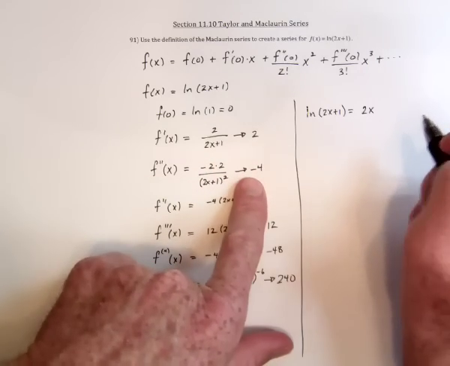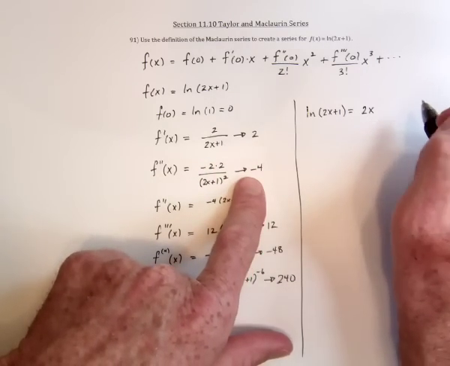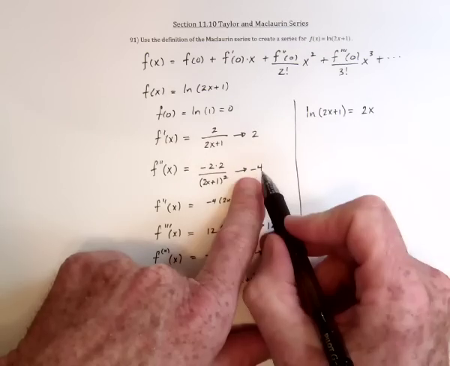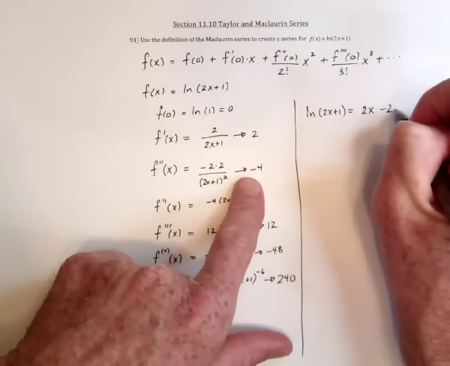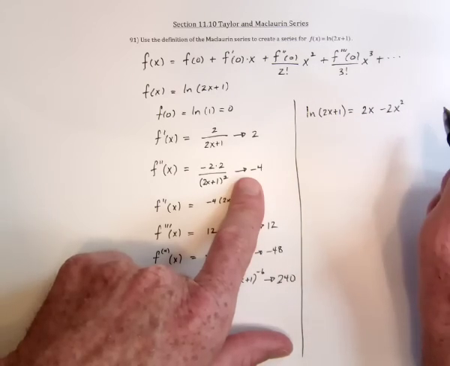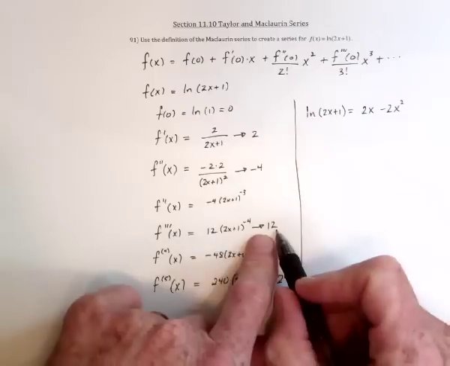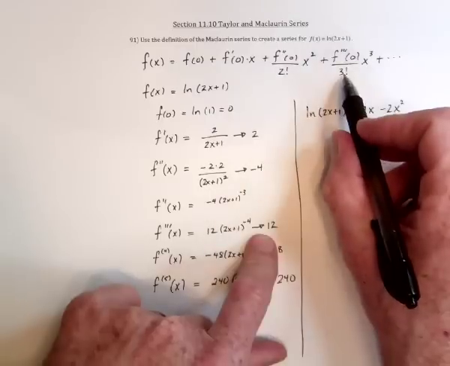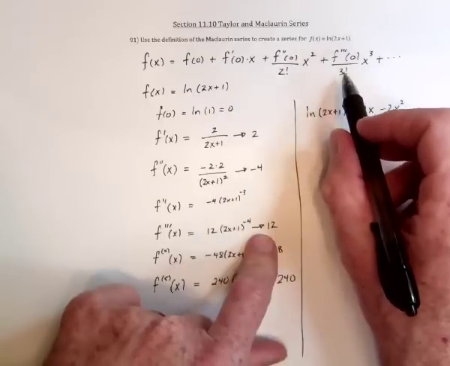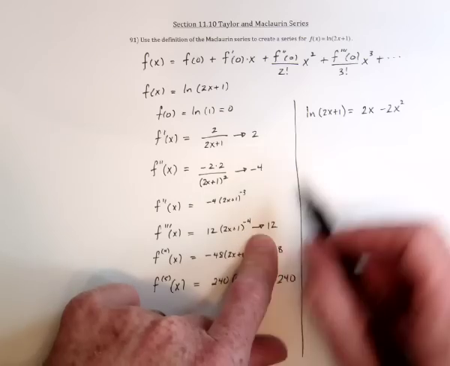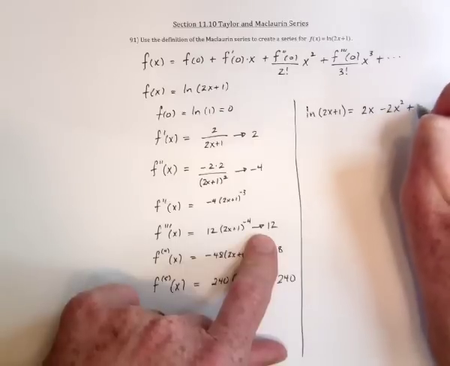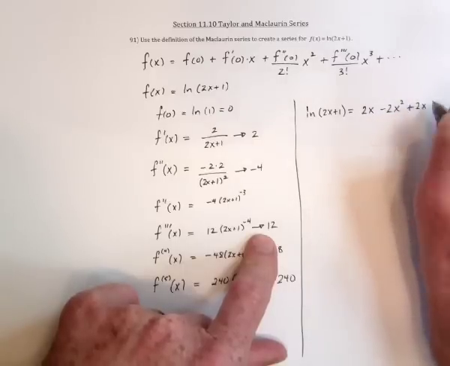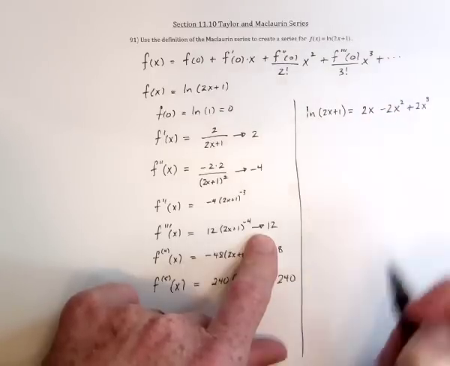For the second derivative, it has to be divided by 2 factorial, so a 4 divided by a 2, that's going to be negative 2, and that's for x squared. And then we've got a 12 for the third derivative, divided by 3 factorial, so this is 3 times 2 times 1, so that's a 6. A 12 divided by a 6, it's 2. Interesting pattern so far. They're all 2's, but alternating.